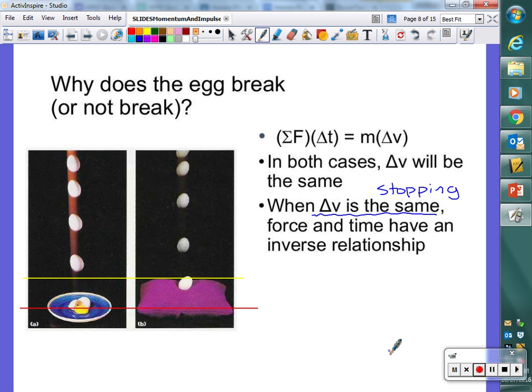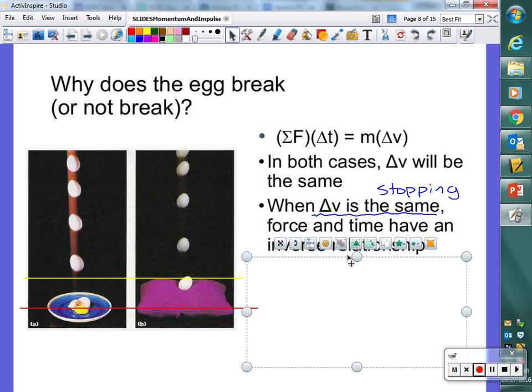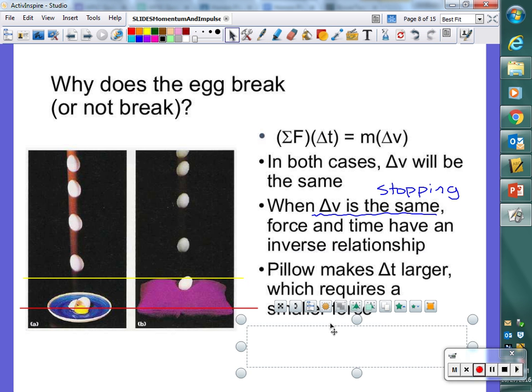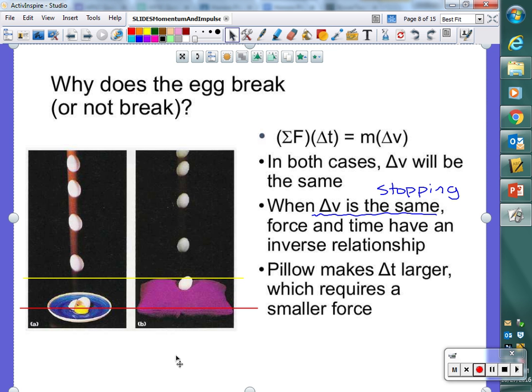Inverse relationship means what? What's the gist of an inverse relationship? One goes up, the other one goes down, right? So, in this case, if we have a longer time to bring that egg to a stop, we don't have to apply as much force.